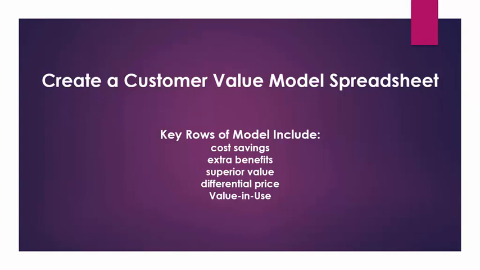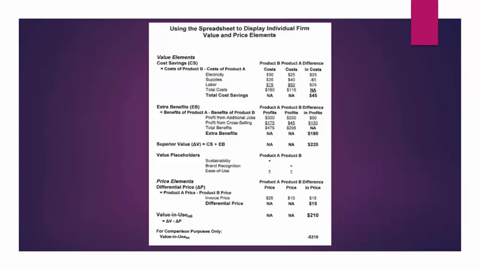And then from that, I'm going to subtract differential price, and I'm going to end up with value in use. So once again, as in Adam Smith's Wealth of Nations book, I'm going to come up with one number that captures all of these.